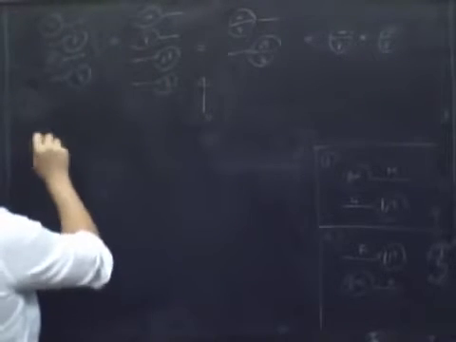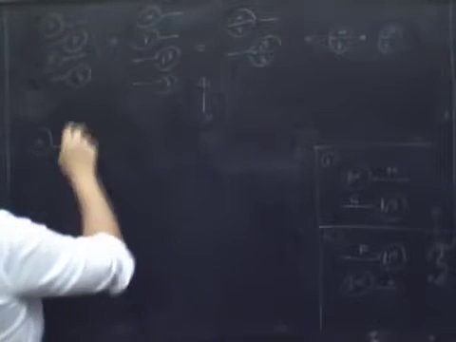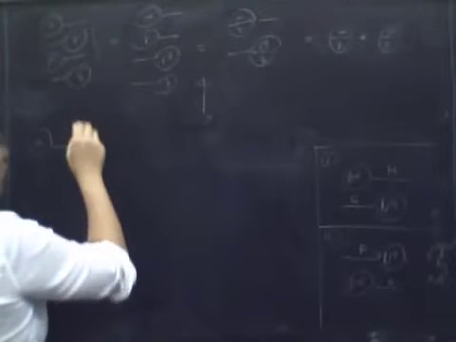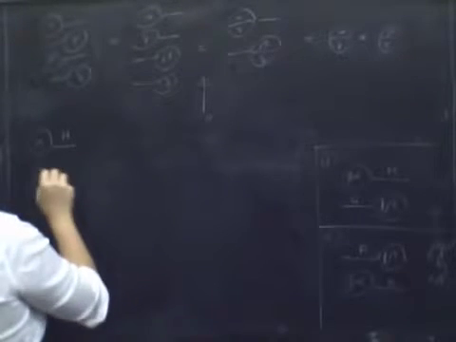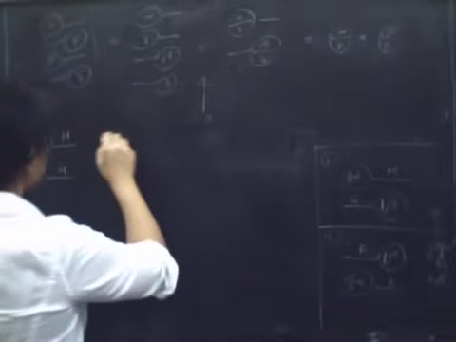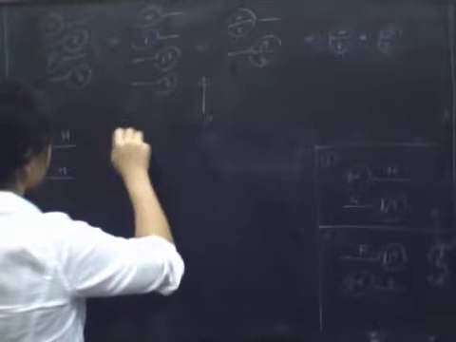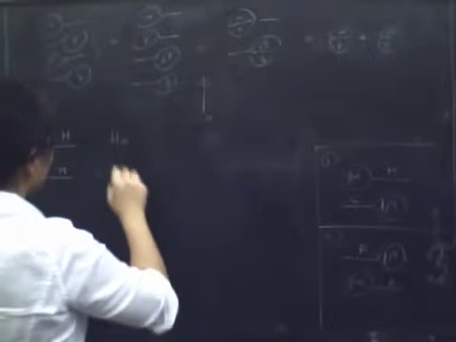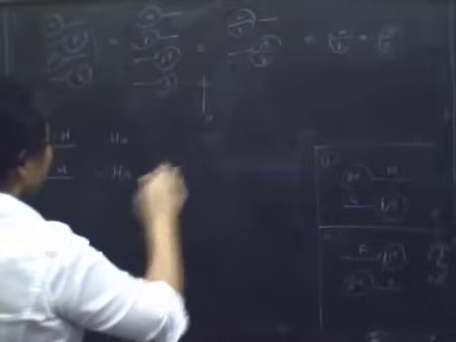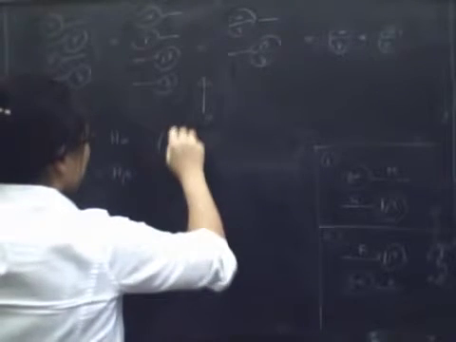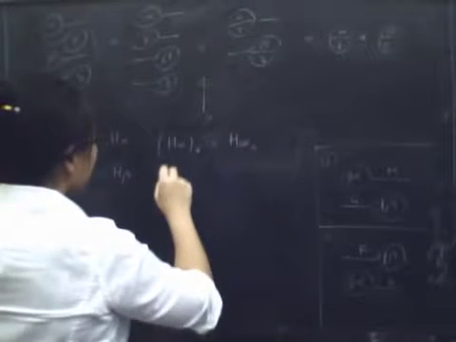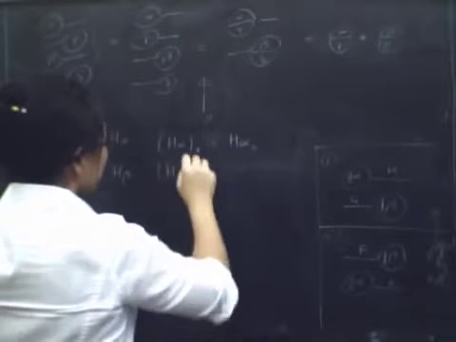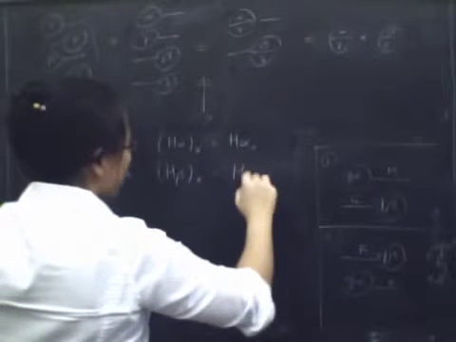We've got an alpha with something on the end, which I'll call, what should I call it? I'll call it H. And here we've got a beta with an H on the end. And the components of H alpha are just H of alpha of x, and the components of H beta are just H of beta of x.